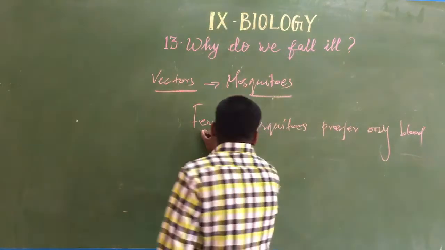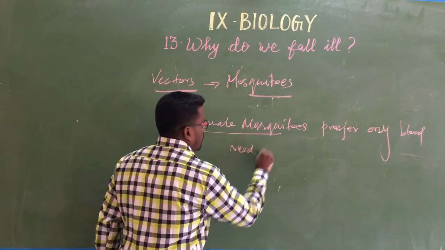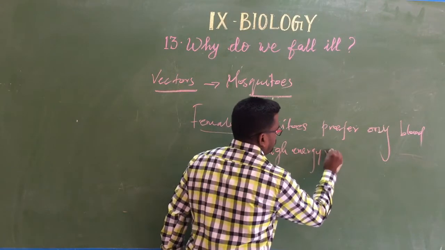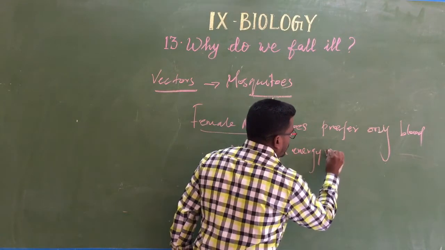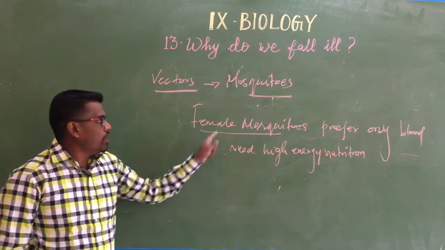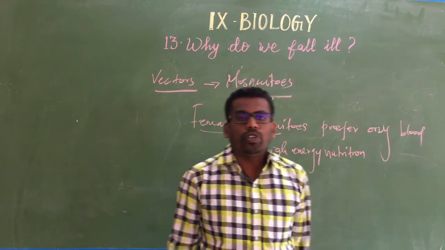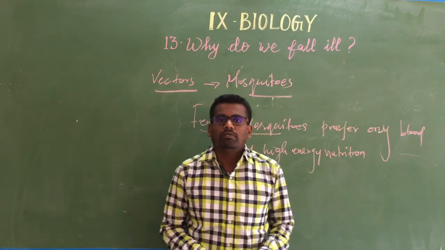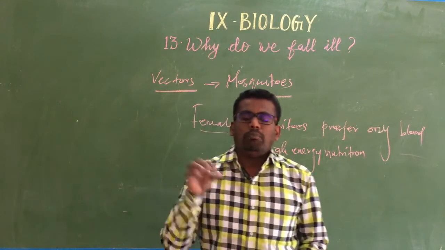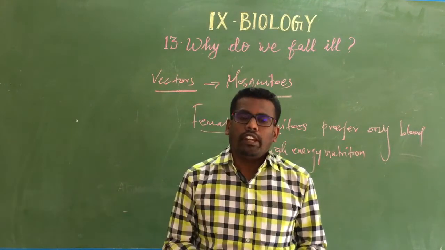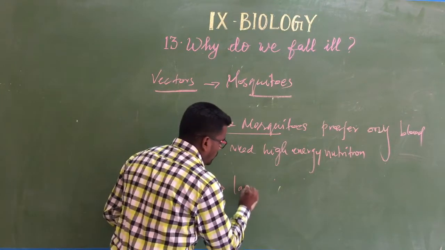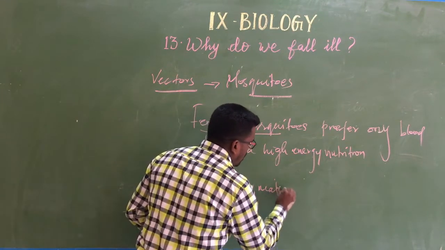Because the female mosquitoes need high energy, high nutrition, energy-rich food. The blood contains a large amount of energy. Only then do the female mosquitoes lay mature eggs.